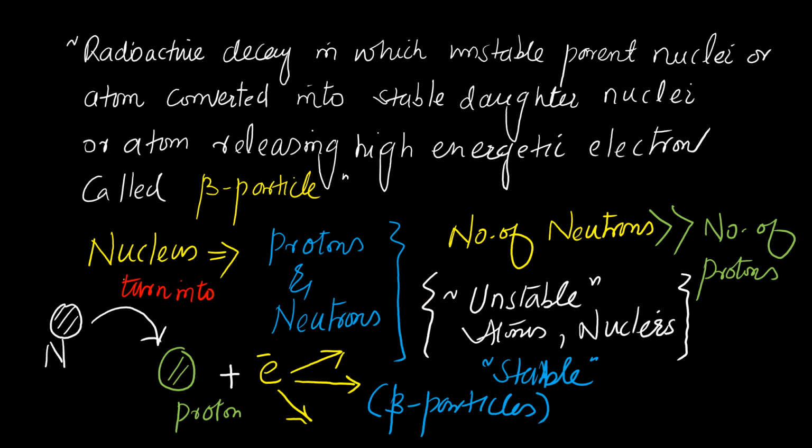Now, students, let us write a nuclear reaction for beta decay. Consider we have an element X. You know that the atomic number of an atom is represented by Z, and the atomic number is the number of protons or electrons in an atom.